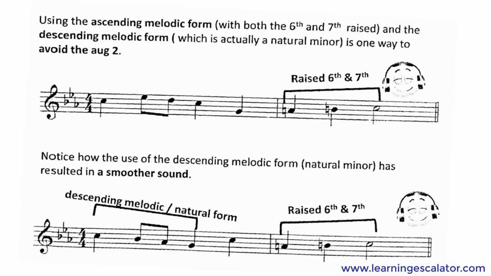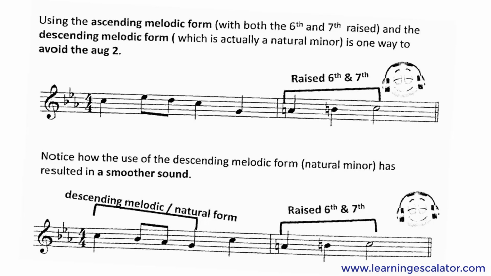Using the ascending melodic form with both the 6th and 7th degrees raised, and the descending melodic form, which is actually the natural minor, is one way to avoid the augmented second. So if you do that, it would sound like this, which sounds much better than the previous one.